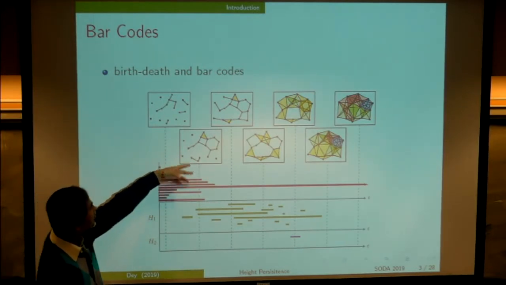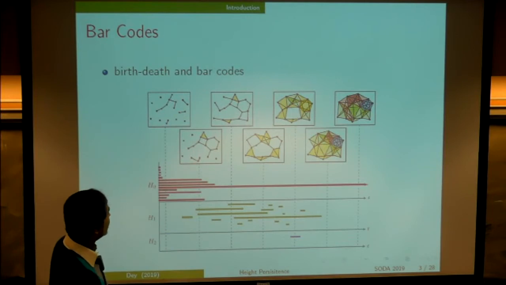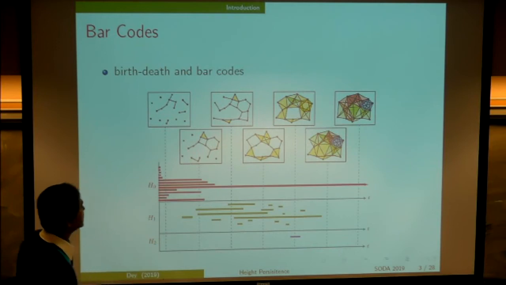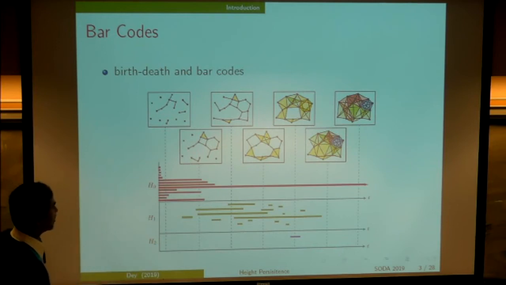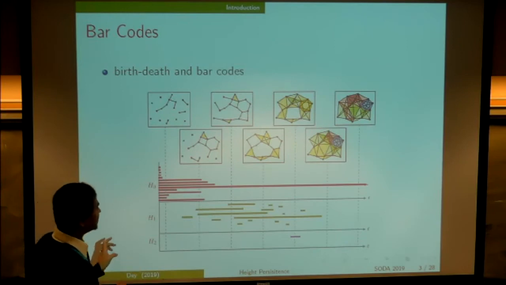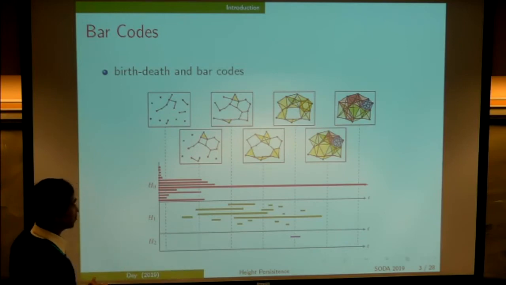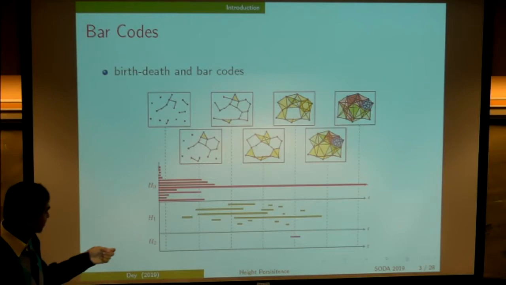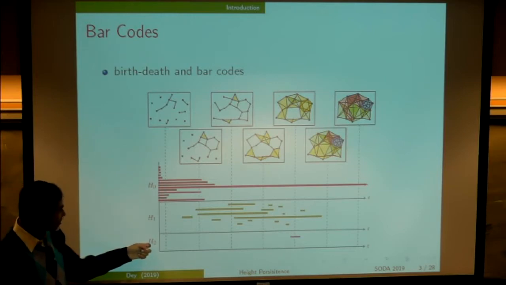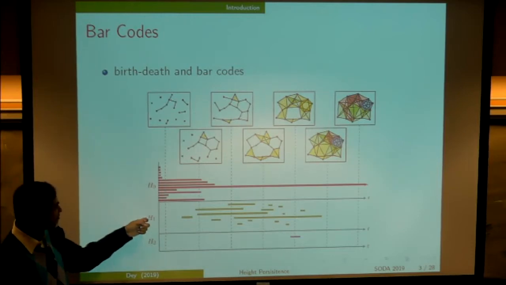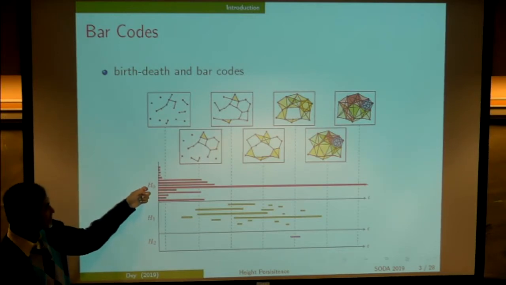As you are putting in more and more simplices, things are getting born and things are also dying. The homology classes are born and are dying, and this is represented by these bars. So we all know about that. These are the two-dimensional homology classes, one-dimensional homology classes, zero-dimensional homology classes.